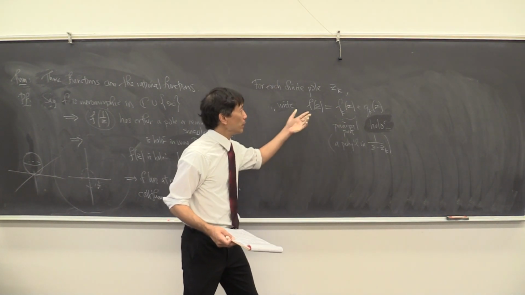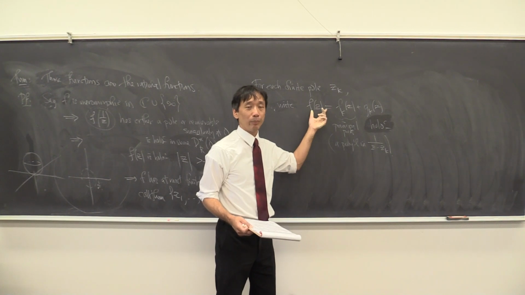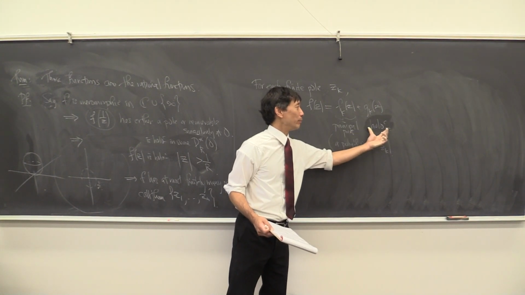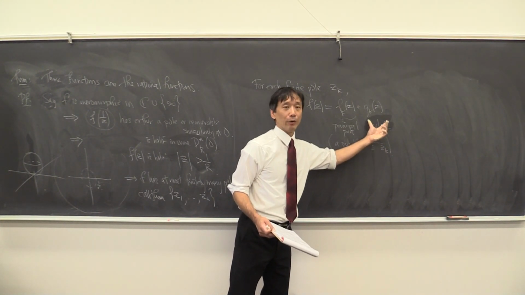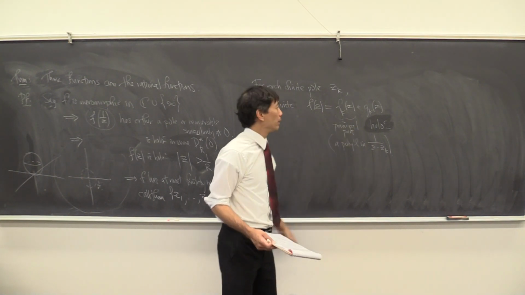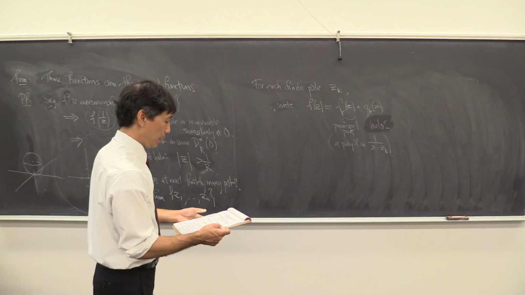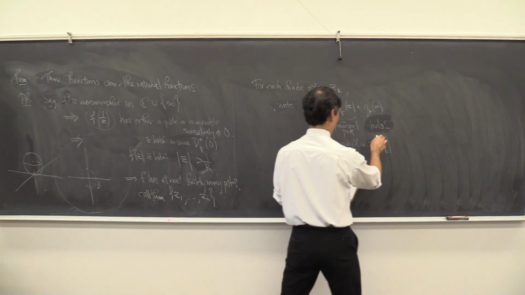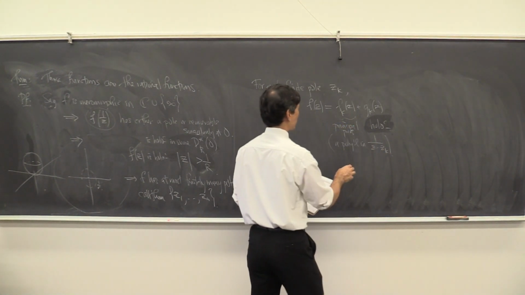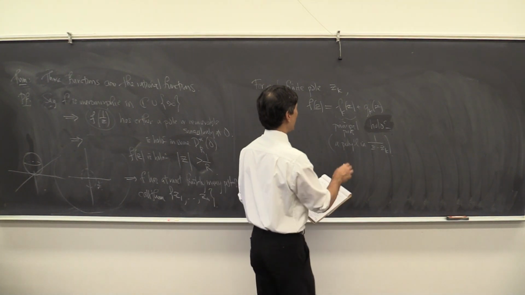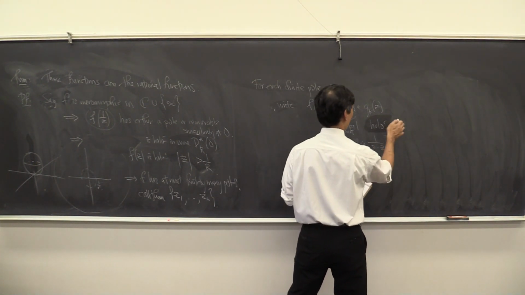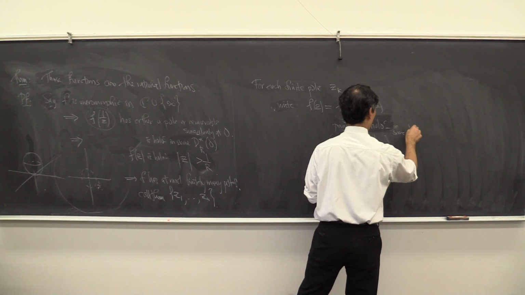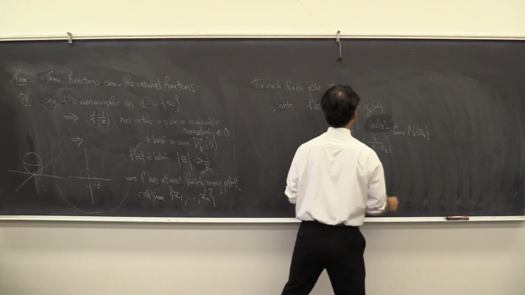You can write this thing as a power series starting from some negative power, and this is the part from 0 onwards, and this is the negative parts. So you have the principal part, and then you have the part that's holomorphic in some neighborhood of z sub k.